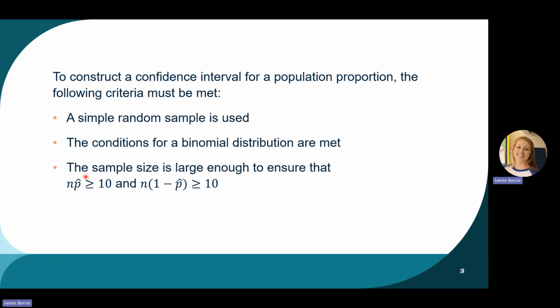All right, so you're seeing this new symbol that you've never seen before. So let me tell you what that symbol means. P with a little hat over it, we just call it P hat. So P hat is the sample proportion. Some books use the Greek letter rho to represent the population proportion.